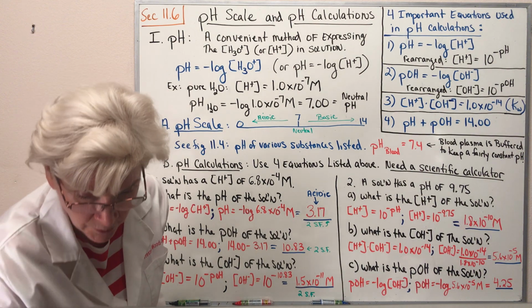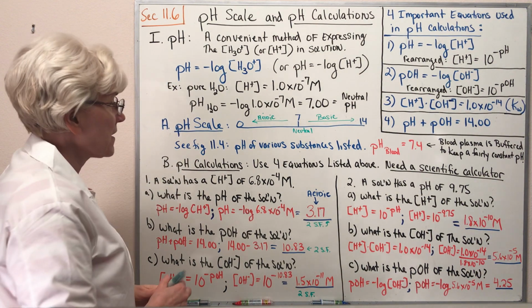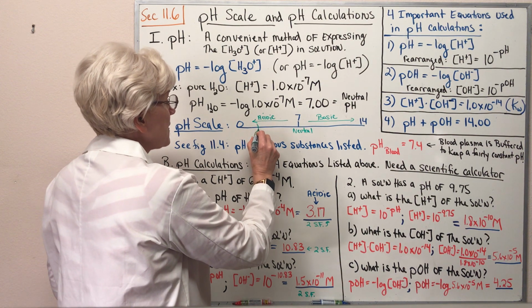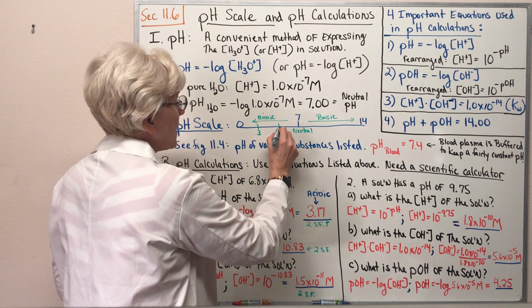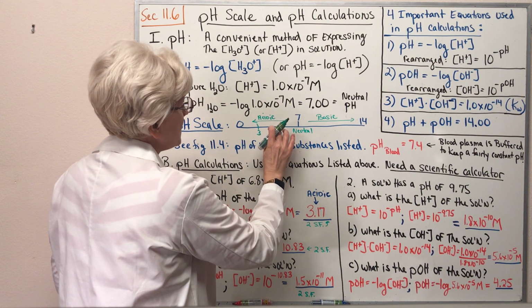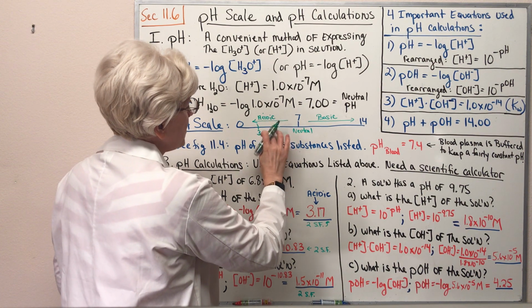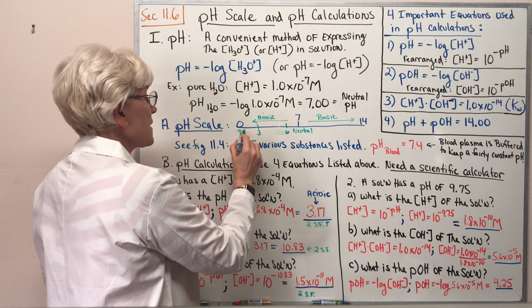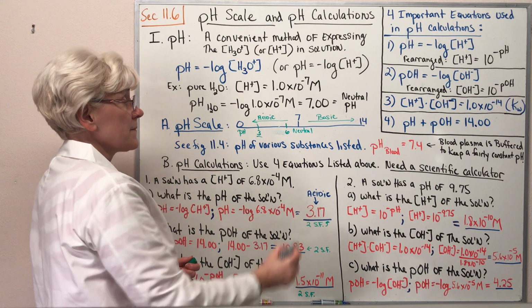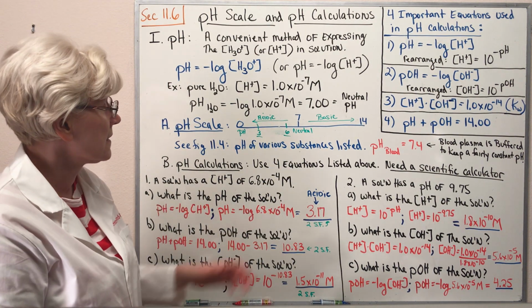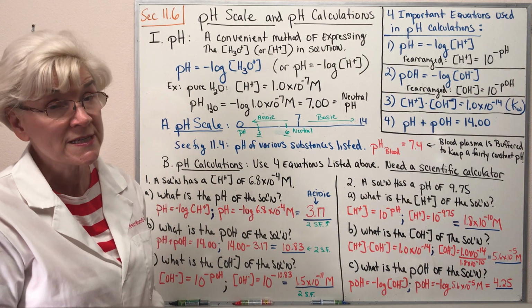One other point to mention while we're looking at the pH scale is that the pH scale is logarithmic. So if we had a solution that was pH 3 and another solution that was pH 6, which one is more acidic?